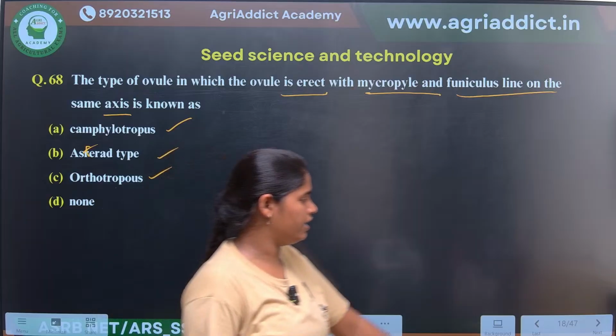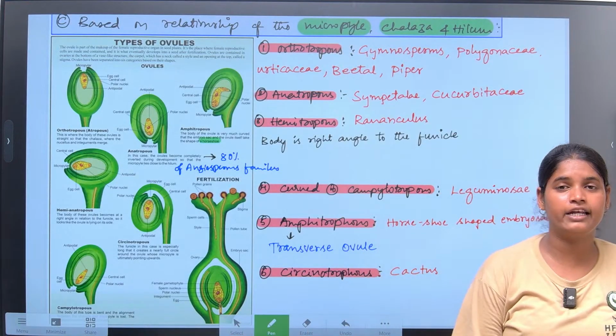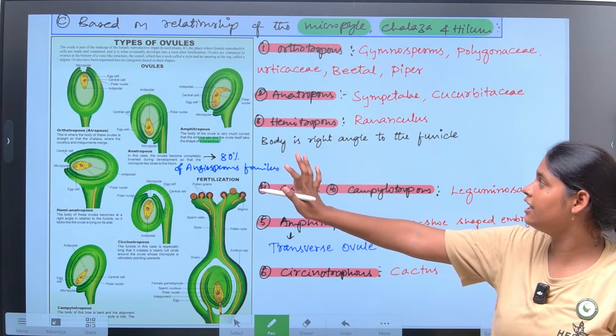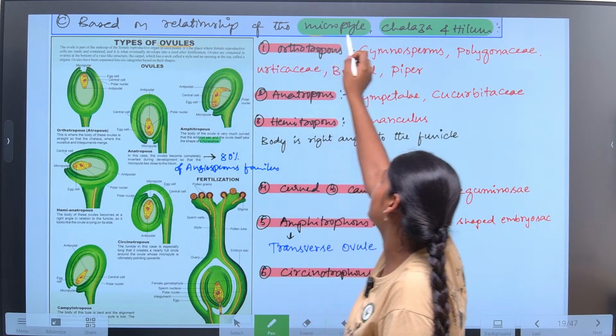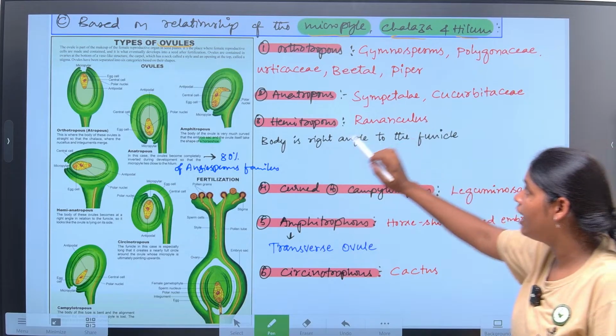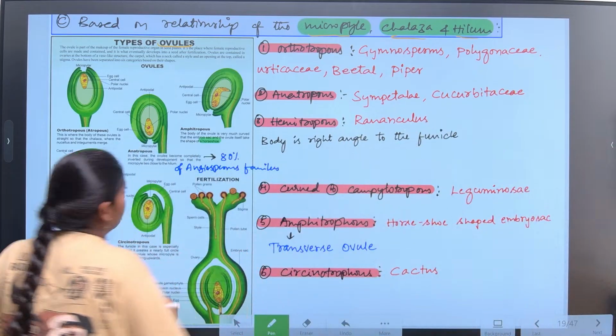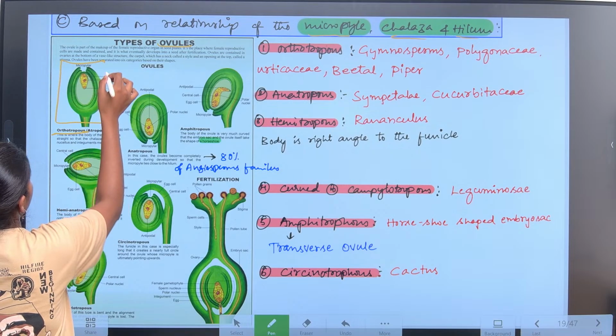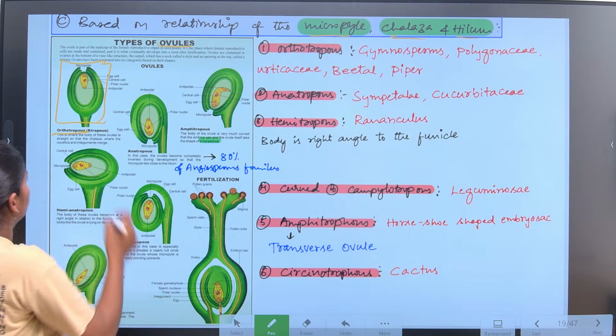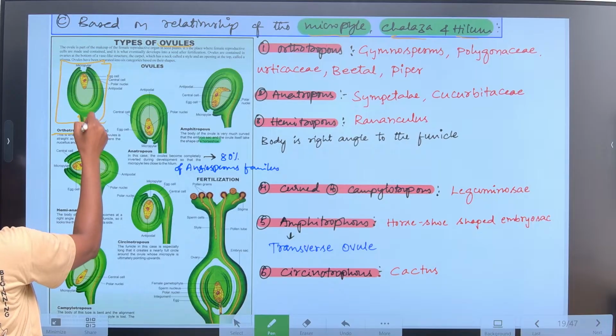Polygonaceae family, right? But what is it called? So just see here, we have a type of ovules based on what? The relationship of micropyle, chalaza, and hilum. The first type is orthotropous. We have discussed this, right?